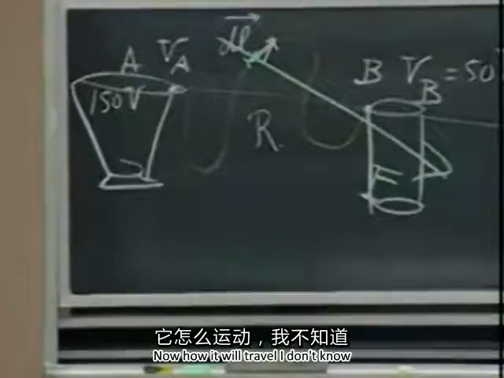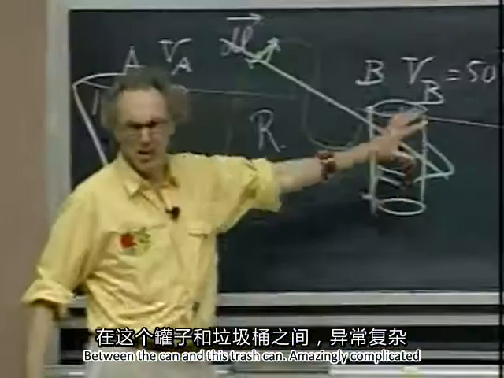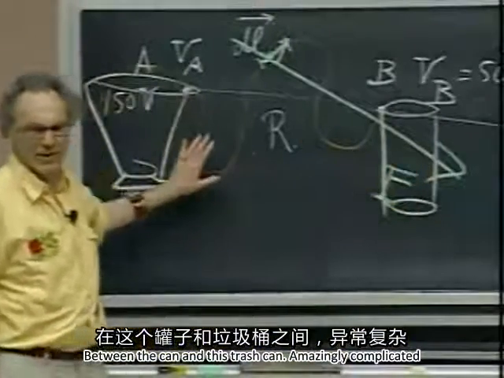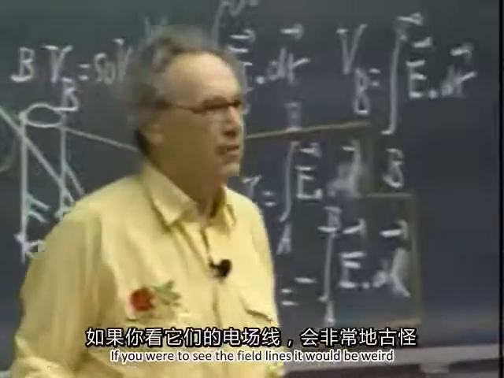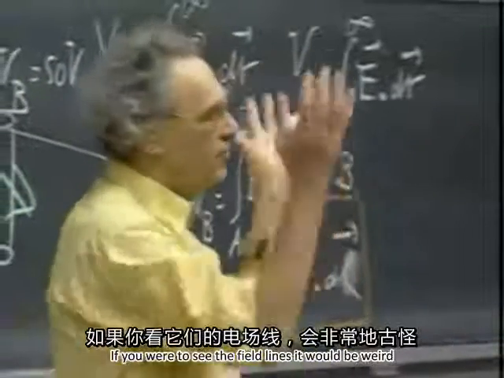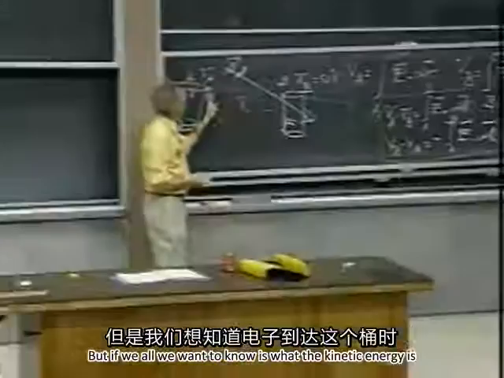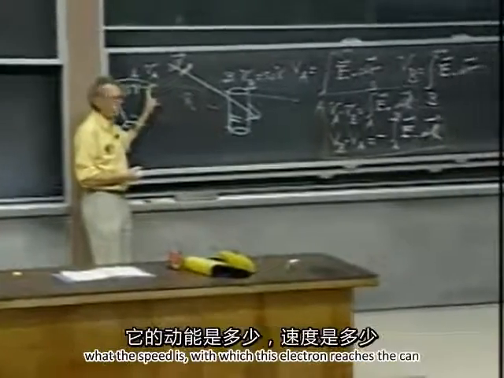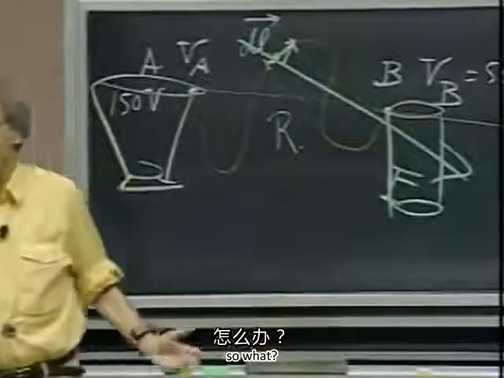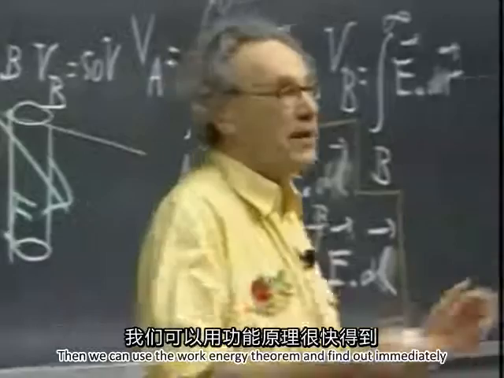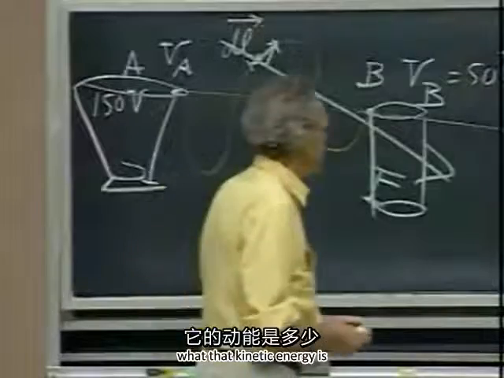Now, how it will travel, I don't know. The electric field configuration is enormously complicated between the soda can and this trash can. Amazingly complicated. If you were to see the field lines, it would be weird. But if all we want to know is what the kinetic energy is, what the speed is with which this electron reaches the trash can, so what? Then we can use the work-energy theorem and find out immediately what that kinetic energy is.